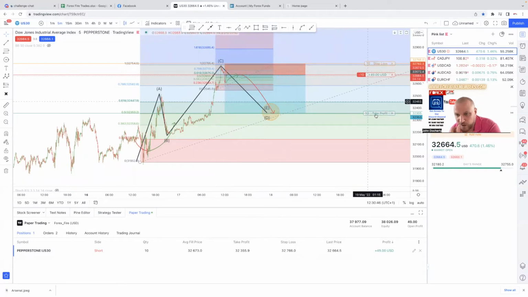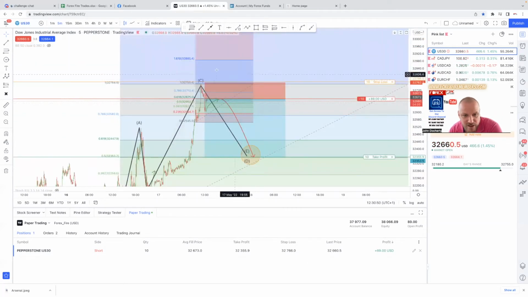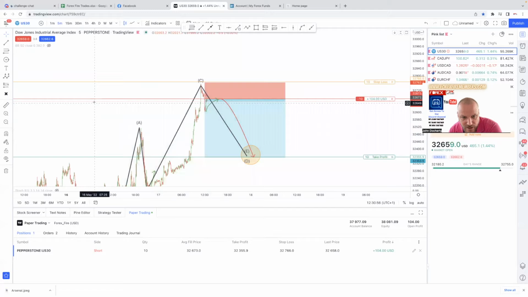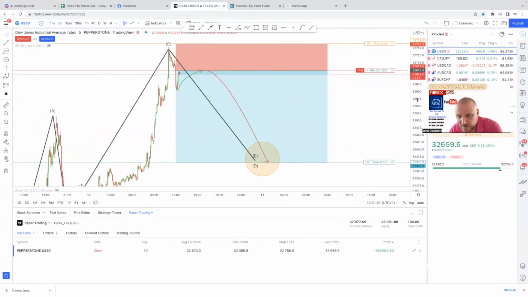What I'm going to do is pause the video. In fact, I'm going to clean this off a little bit now because we don't need these fib ranges. We'll see what happens with this trade, and if it plays out.